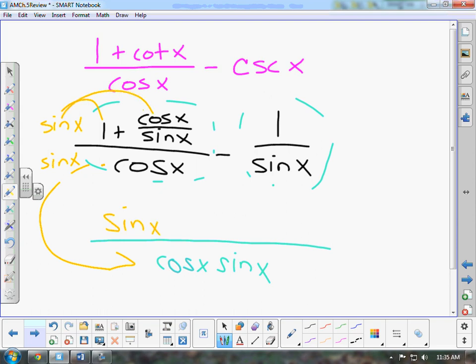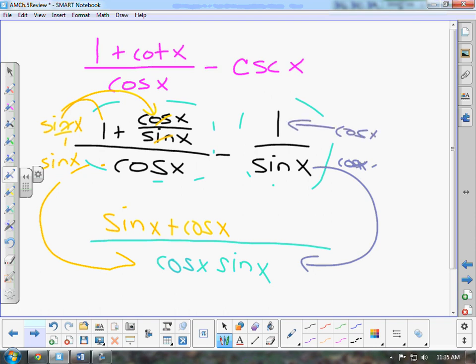And sine of x times cosine over sine would be like sine over 1 times cosine over sine, and the sines would go away. And so then it would be plus cosine of x. With this fraction, the denominator has to be multiplied by cosine of x, and so cosine of x times 1 is minus cosine of x.